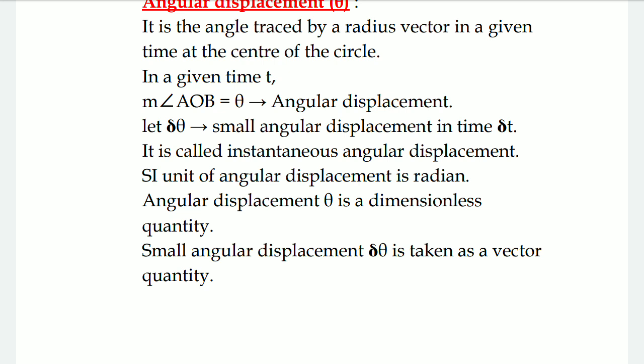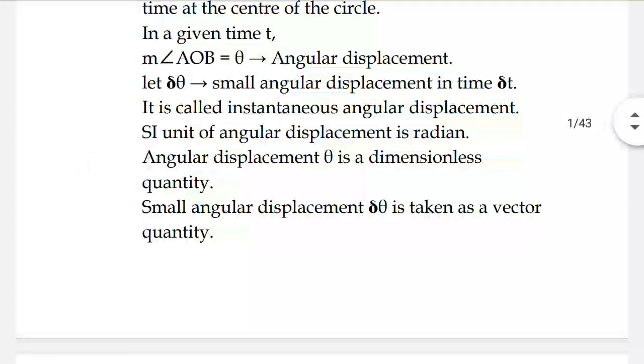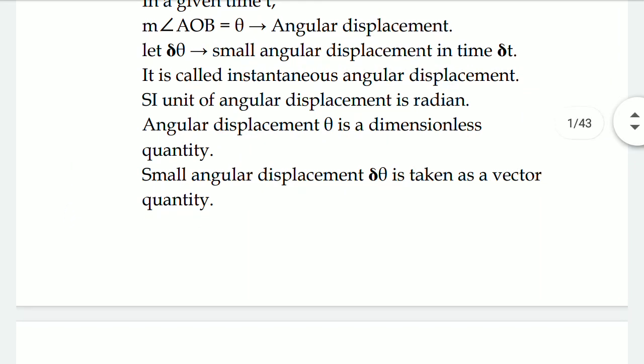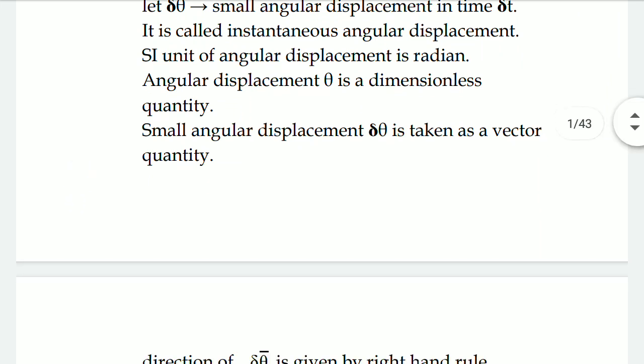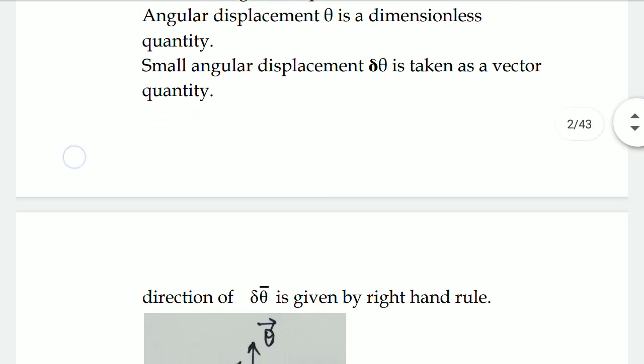Because it's an angle, its SI unit is radian, and angular displacement theta is a dimensionless physical quantity, whereas small angular displacement delta theta can be considered as a vector quantity because vector laws of addition can be applied for very small angular displacements delta theta.